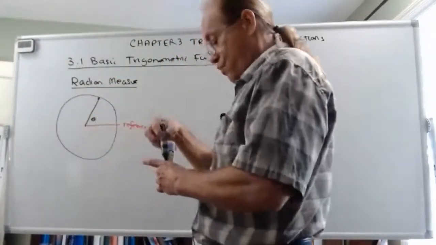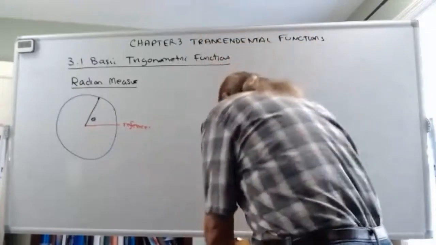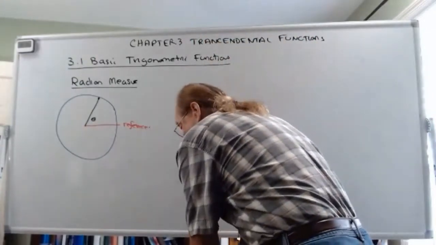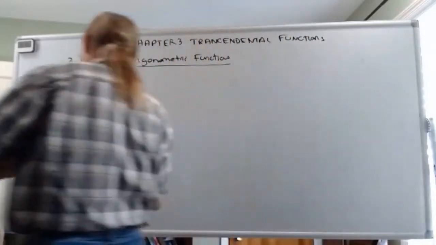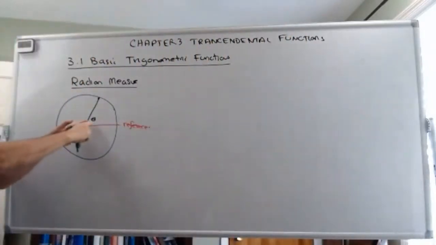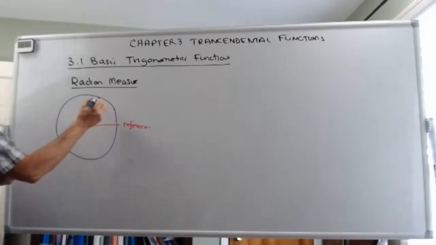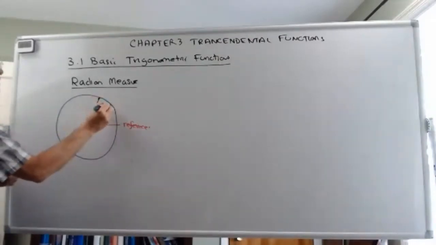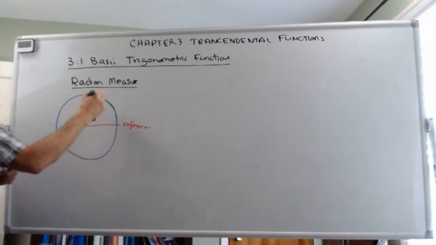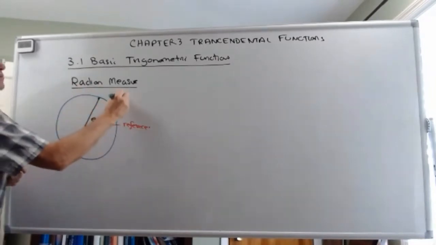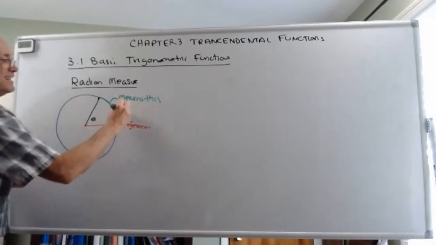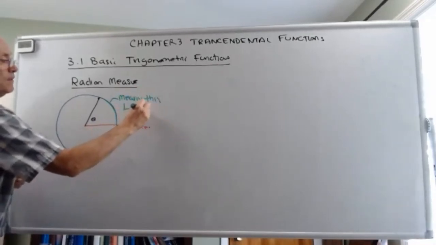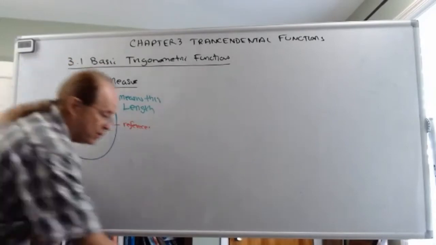For the radian measure, we measure a length, not a degree measure, but a length. We are going to connect the measure of that angle theta with the length of that arc. So radian measure measures this length.